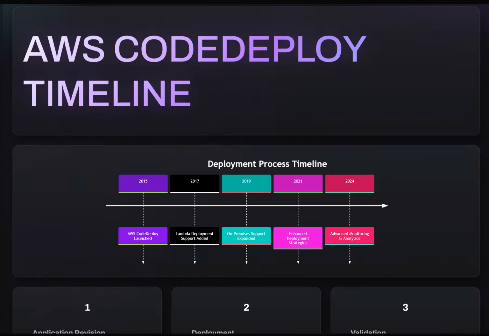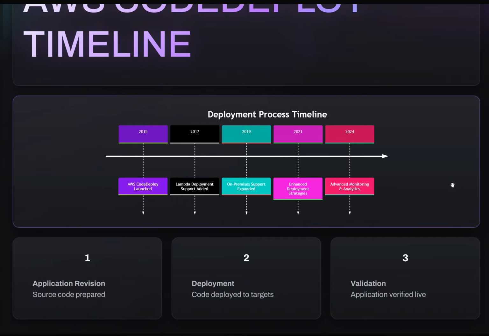On-premises support expanded in 2019, enhanced deployment strategies were developed in 2021, and in 2024 it was integrated with advanced monitoring and analytics services. So the product is becoming more developed each day.